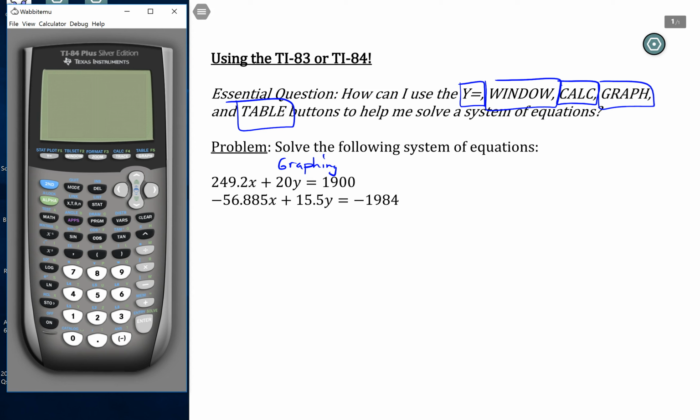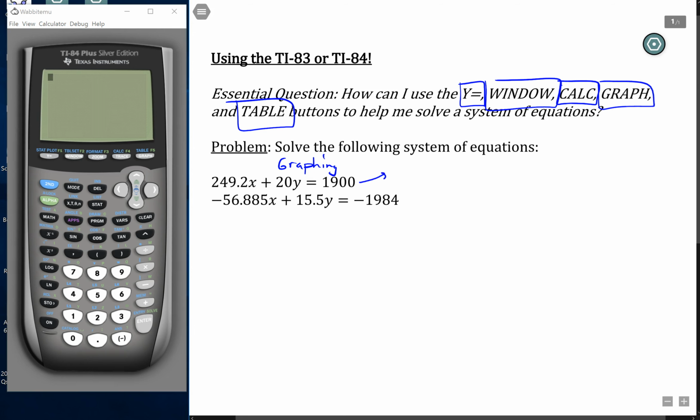Let's isolate the y. So in this top equation, I'm subtracting 249.2x to the other side. This is super ugly, and I'm not even writing properly. I must be in a very tizzied mood today. And then I'm adding 1900. Okay, next I need to divide through by 20.